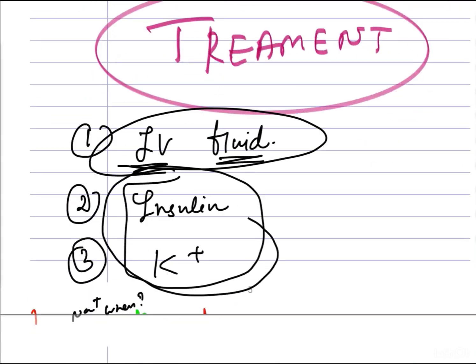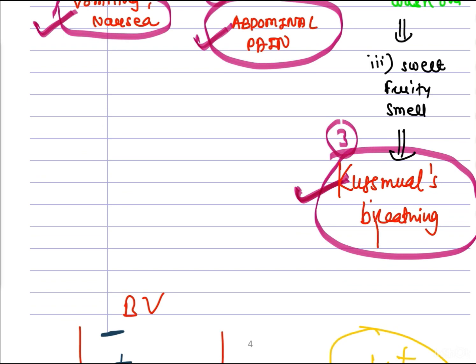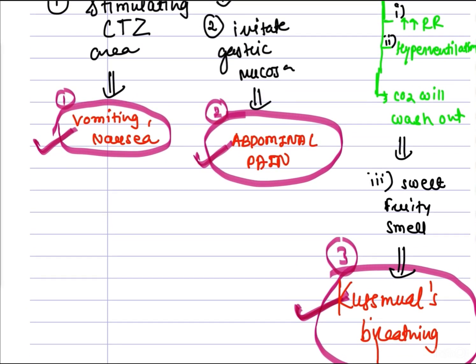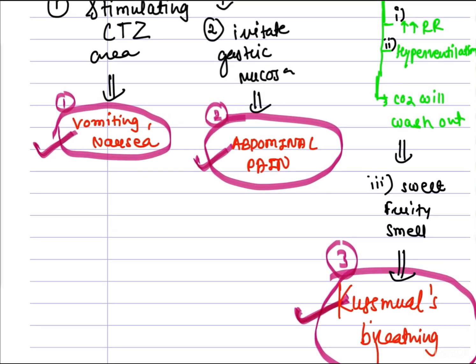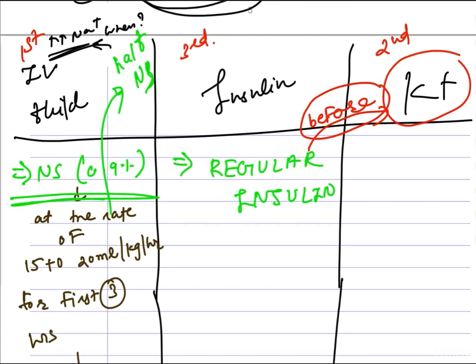Because the patient will be coming with nausea, vomiting, so he can lose electrolytes in that. The patient may be having diarrhea also, and is dehydrated also. So the patient can lose electrolytes and can have a low potassium level. If the patient has a low potassium level and you are giving insulin, then we will worsen the case.